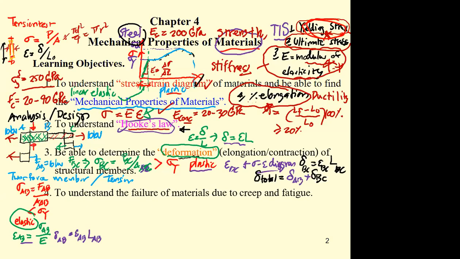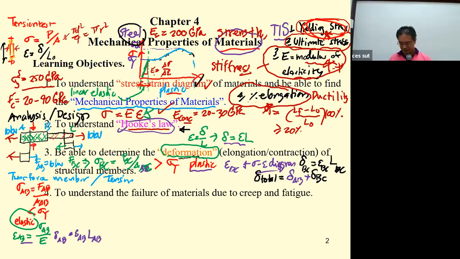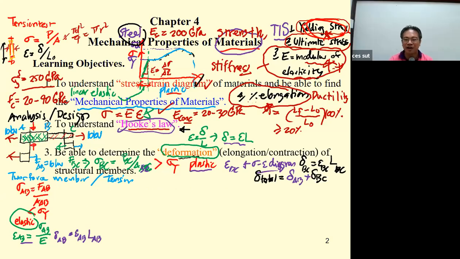And for the last one, oh, not yet, it's not finished yet. And then after releasing the force, we're going to determine the deformation for that again. But I will talk about that later. I just introduced to you how to determine the deformation after the structural member is subjected to the applied loading.